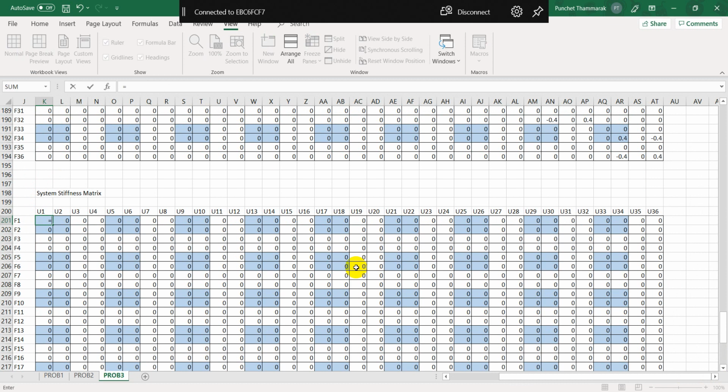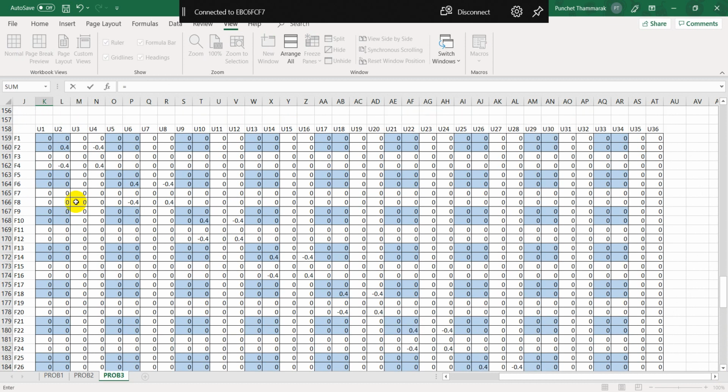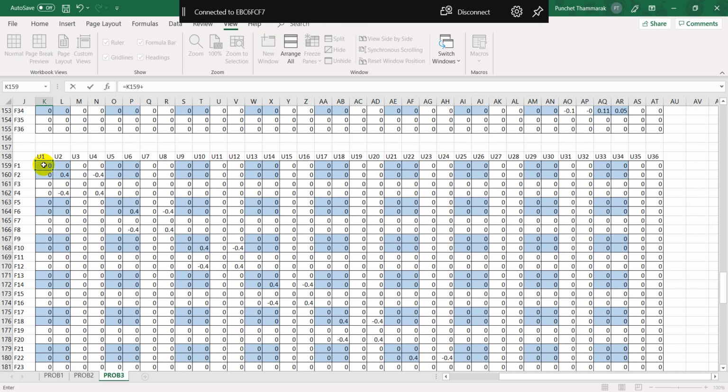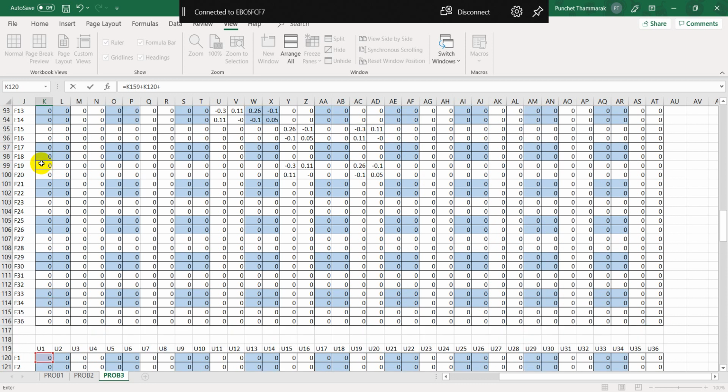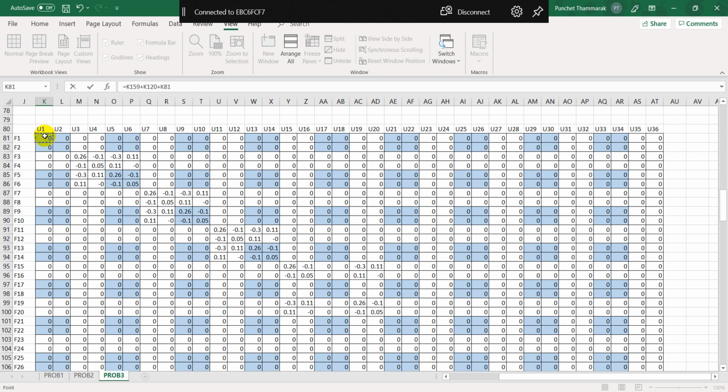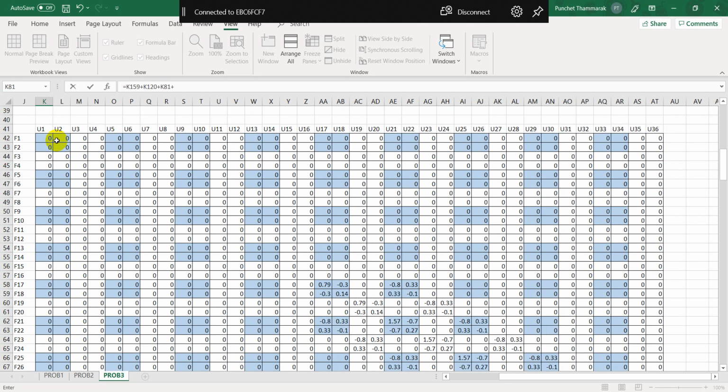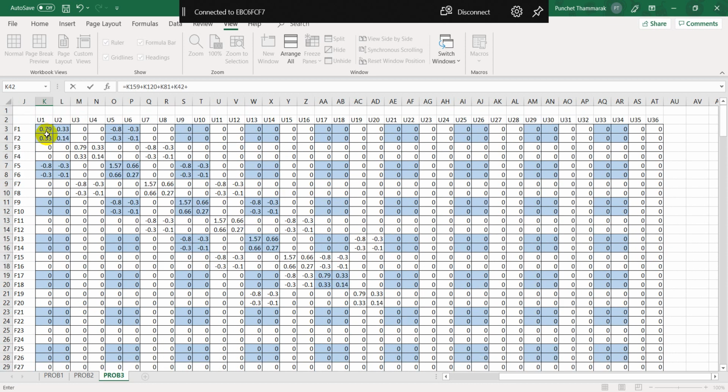So we have this one add up with this one, add up with this one, add up with this one, and add up with this one.